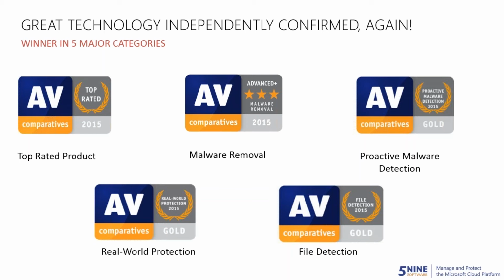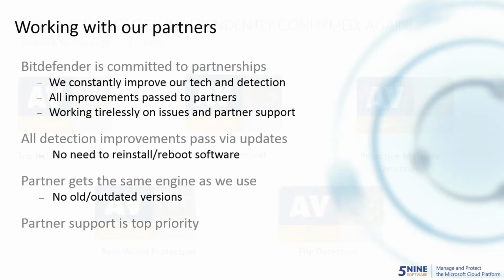And this test is called proactive malware detection, because it's supposed to detect how the product would be dealing with malware which was not released at the moment the product was released. And we're very good in those tests. And of course, other tests such as disinfection and threat deletion and so on.